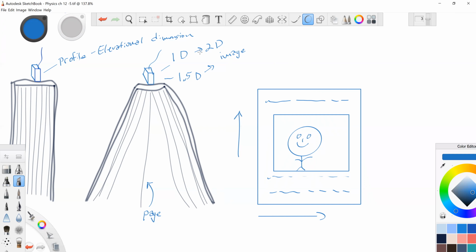Now imagine if I had a 2D and I can steer the beam in multiple directions. Critically, let's just say for this picture, I'm going to steer the beam in a direction like that, and a direction like that, and then sometimes I'm steering down, and sometimes it's off to this side a little bit.